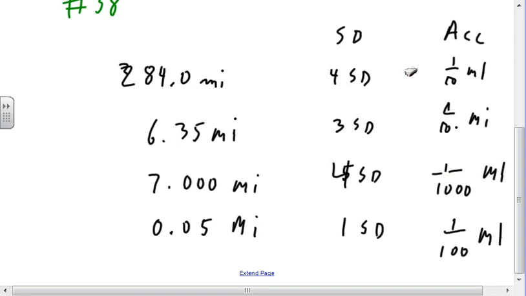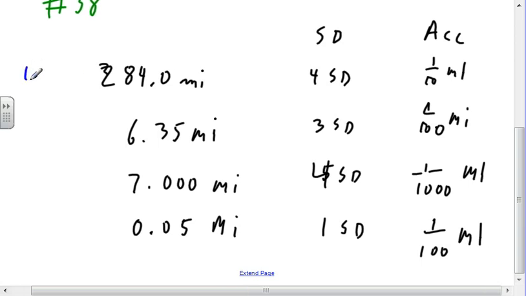And now the question is, which one of these guys is the least accurate? So least accurate would be the 1/10 of a mile, because that should have a 0 sitting there, 1/10 of a mile. So this guy's least.